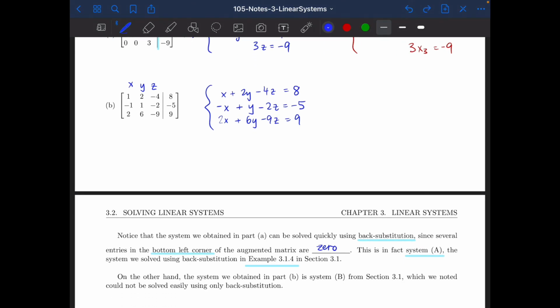On the other hand, the system we obtained in part B is system B from section 3.1, which we noted could not be solved easily using only back substitution.